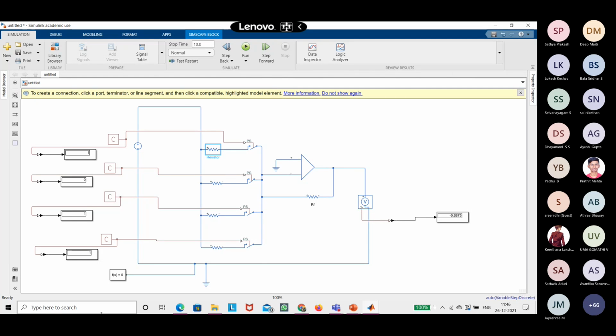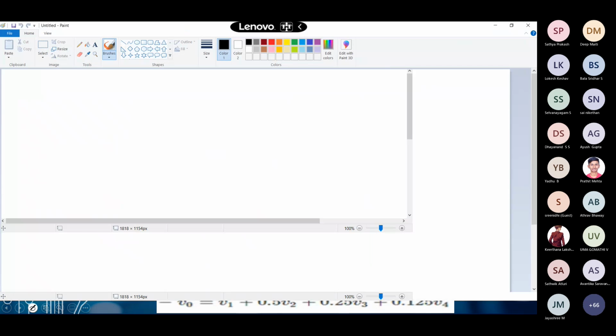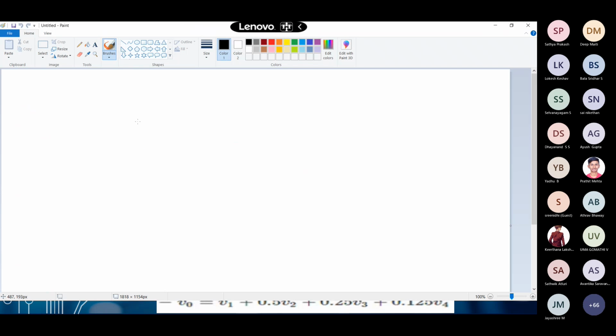If you see, it will be something like V in by 2, since we have the feedback resistor as 5 kilo ohm, and that is at 10k. So we have B1 by 1 plus B2 by 2 plus B3 by 4 plus B4 by 8.